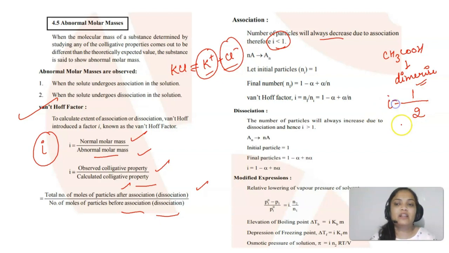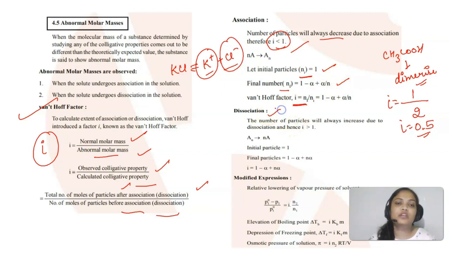So here what will be the value of i? 0.5. So i is less than 1 for association. Let's say initial particles were 1 and the final number will be 1 minus alpha plus alpha upon n, where alpha is the degree of dissociation. So from here you can find out the value of i.